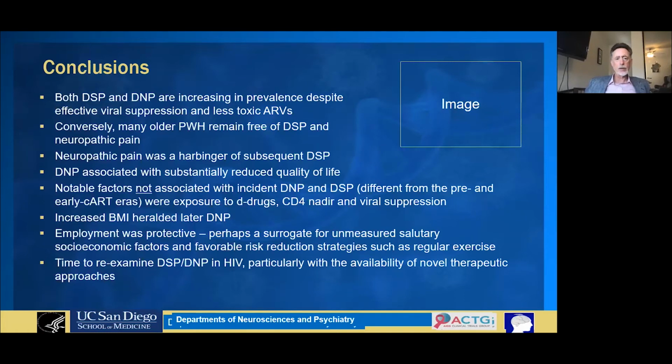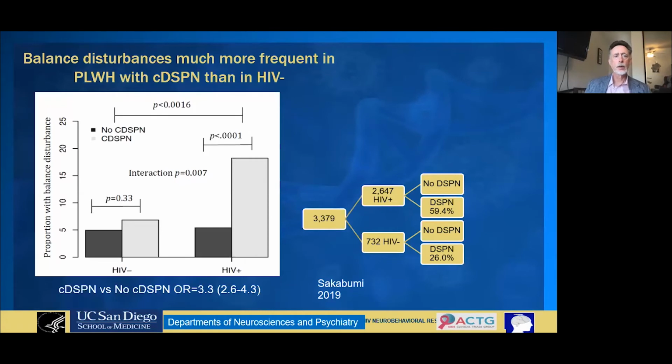So given these developments, it's time to re-examine how we treat this condition. And at the end, I'll talk about a couple of novel therapeutic approaches. One more important reality of the clinical impact of neuropathy is this marked increase in fall risk or balance disturbances.